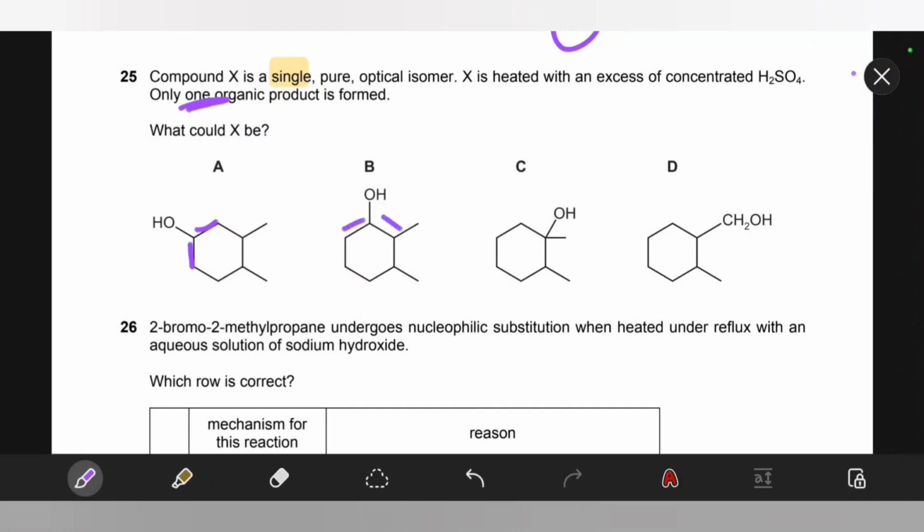So B can also not be the answer. C, here, here. D, there's only one option since OH is attached to this carbon. It is going to be just this organic product where the bond would be here, because that's the only option. So D is most likely to be the correct answer.